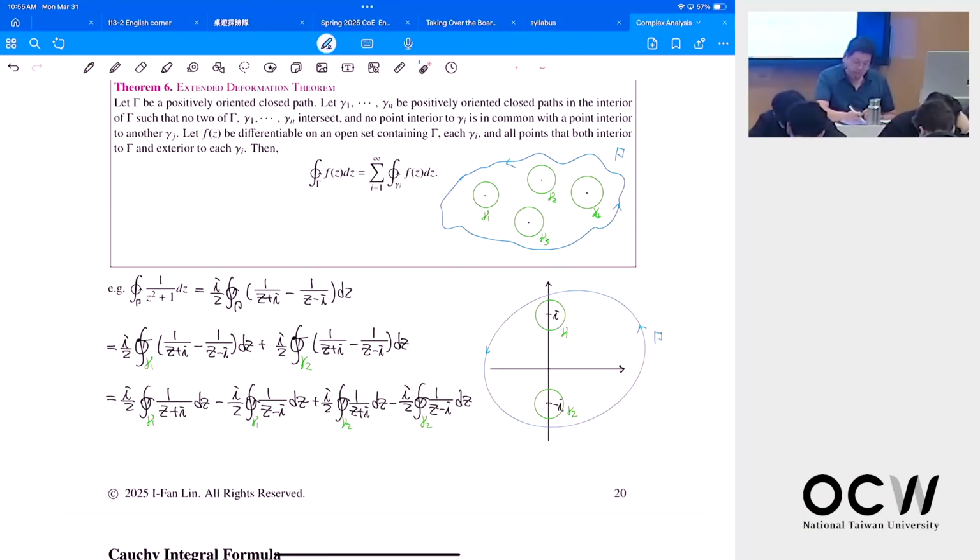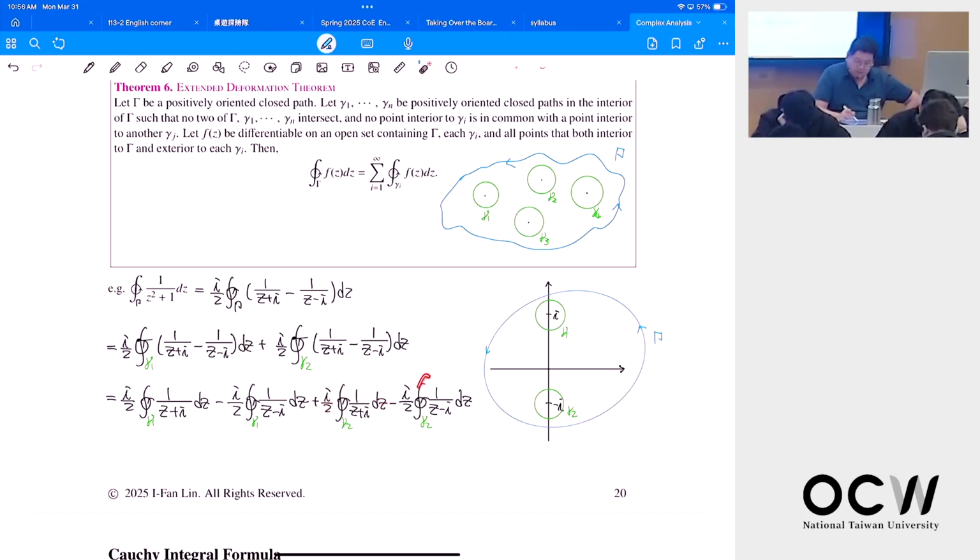First, what is the integration for the first part? 1 over z plus i with respect to the closed curve gamma 1. Your answer is either 0 or 2 pi i, right? So this is 0 or 2 pi i. This is 0 or 2 pi i.